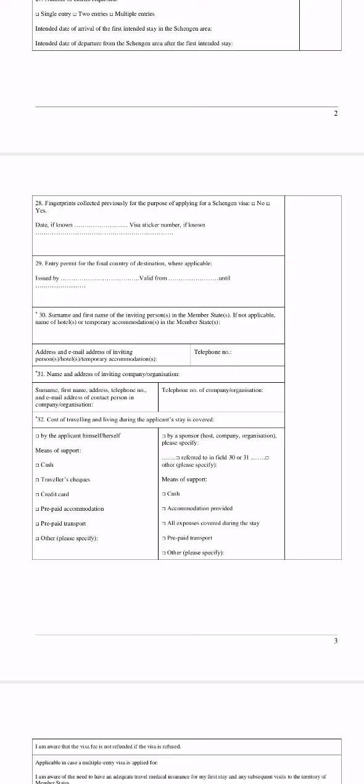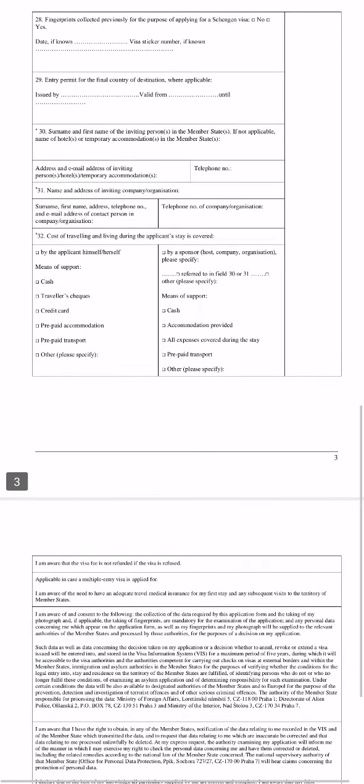Then also by a sponsoring company or organization; please specify if a company or organization is sponsoring you, then refer to points 30 or 31. Then others, please specify. Then means of support: cash, accommodation provided, all expenses covered during the stay, prepaid transport, or others.